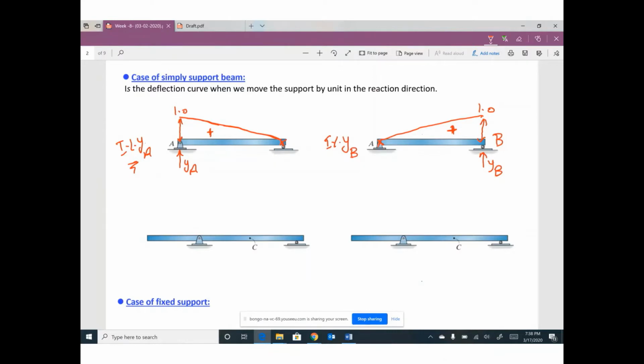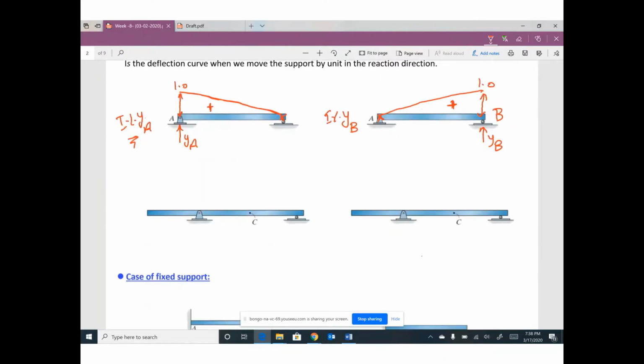You have a cantilever. If you don't have a cantilever, I don't care. But keep in mind a very important note: this beam is 1 unit. What do you mean by 1 unit? 1 unit means the beam must remain aligned.